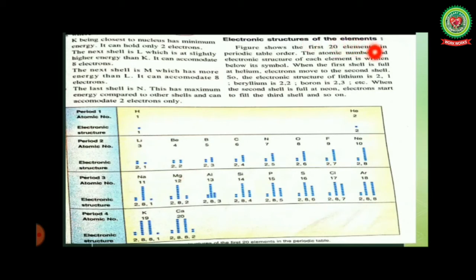When the first shell is full at helium, K shell is full here in helium, electrons move to the second shell. Which is the second shell now?